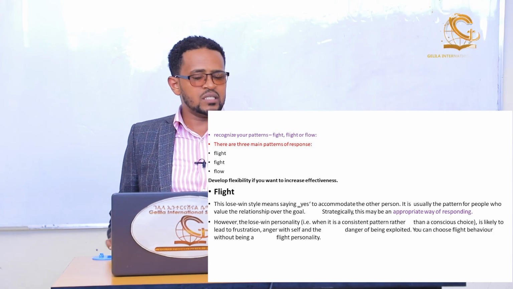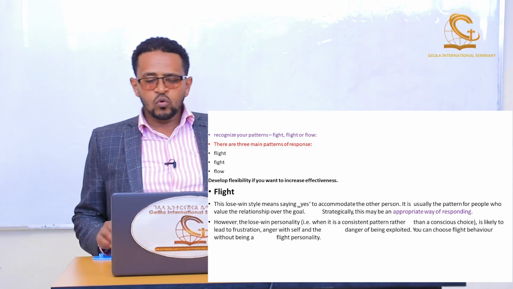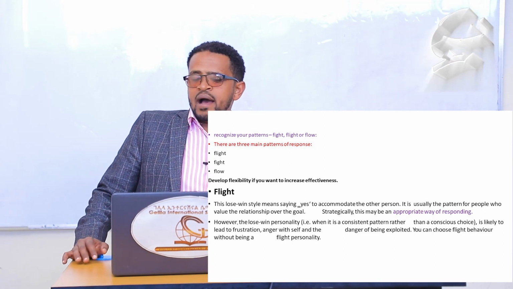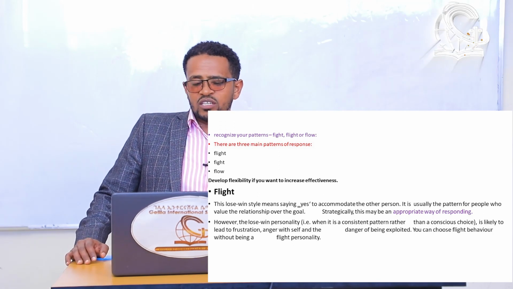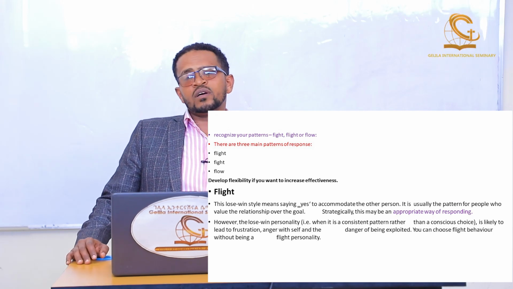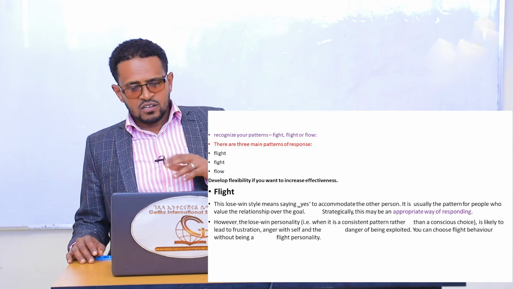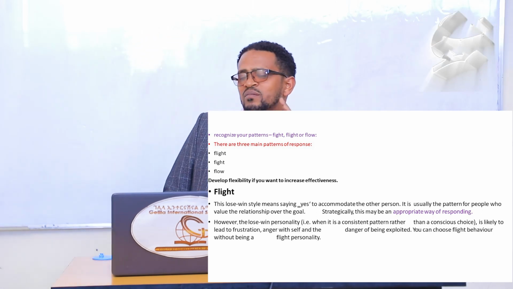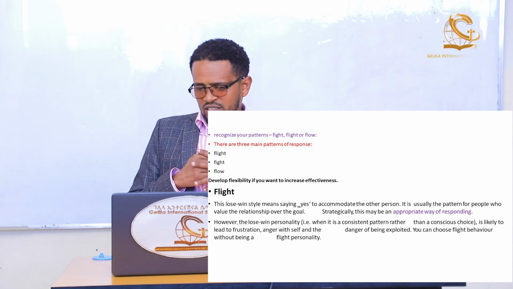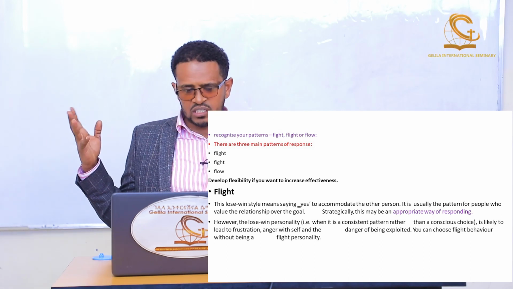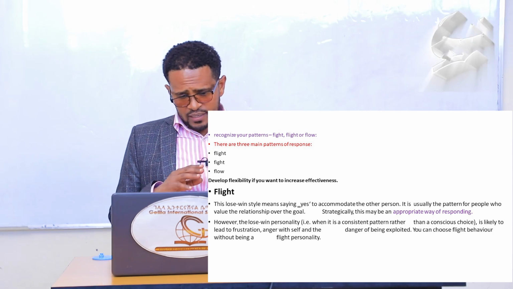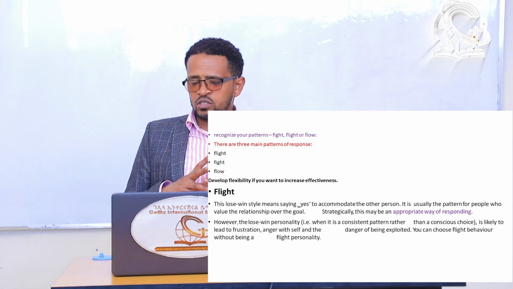This lose-win style means saying yes to accommodate the other person. It is usually the pattern for people who value the relationship over what? The goal. We have three main patterns of responses for any actions. Among the three main patterns of response, the first one is flight, lose-win style.